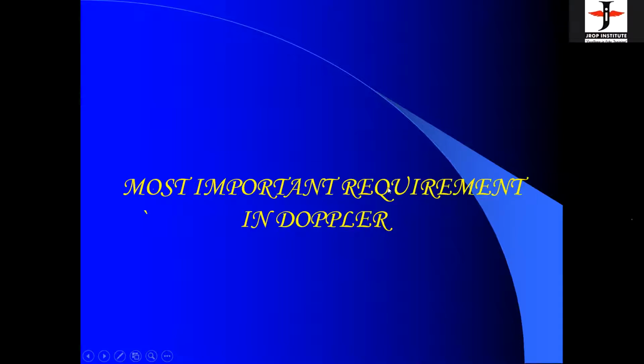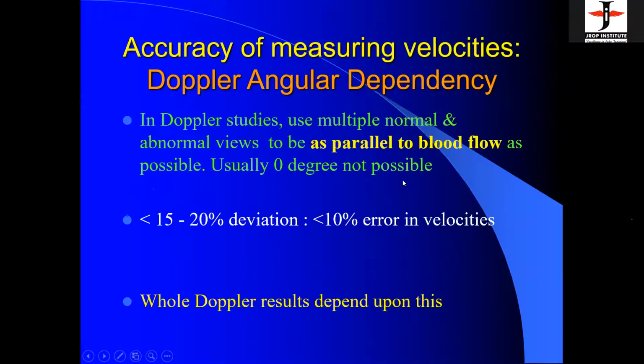Now, the most important requirement in Doppler is that you have to be as parallel to the flow as possible. Now, in a 2D echo, you get the best results when you are perpendicular to the structures. That is why you get a much better picture in the parasternal long axis view because you are very close to the transducer. So in a 2D, you get best results when you are perpendicular. In a Doppler, you get the best results when you are parallel to the blood flow.